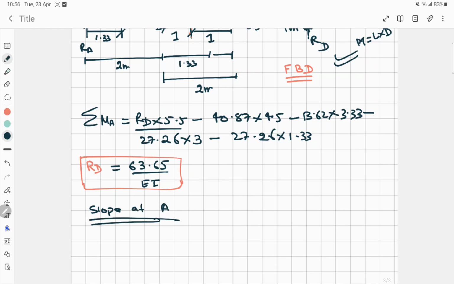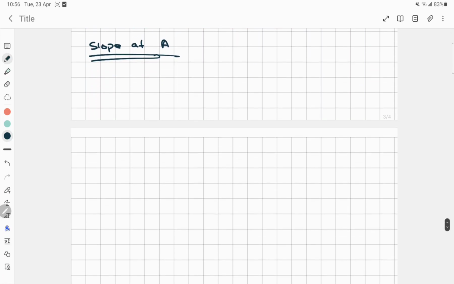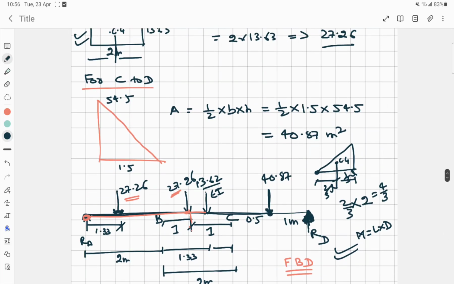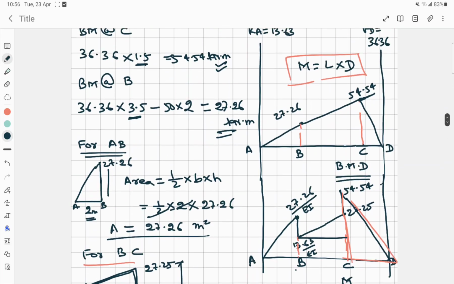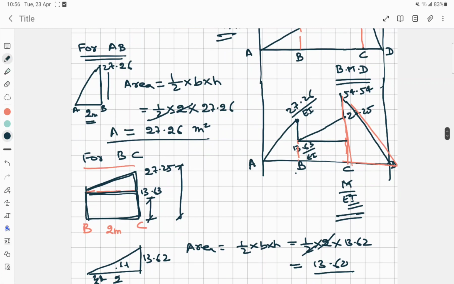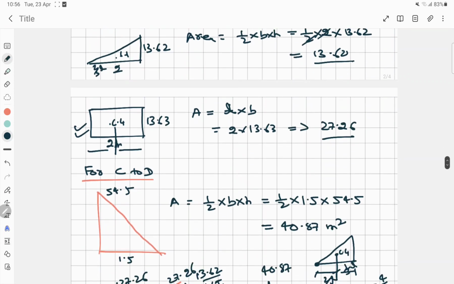Now to find the slope at A, what we have to do here: the slope at A is equal to the area of the M by EI diagram, right? We have already drawn this M by EI diagram, and we have already solved all the areas, right?